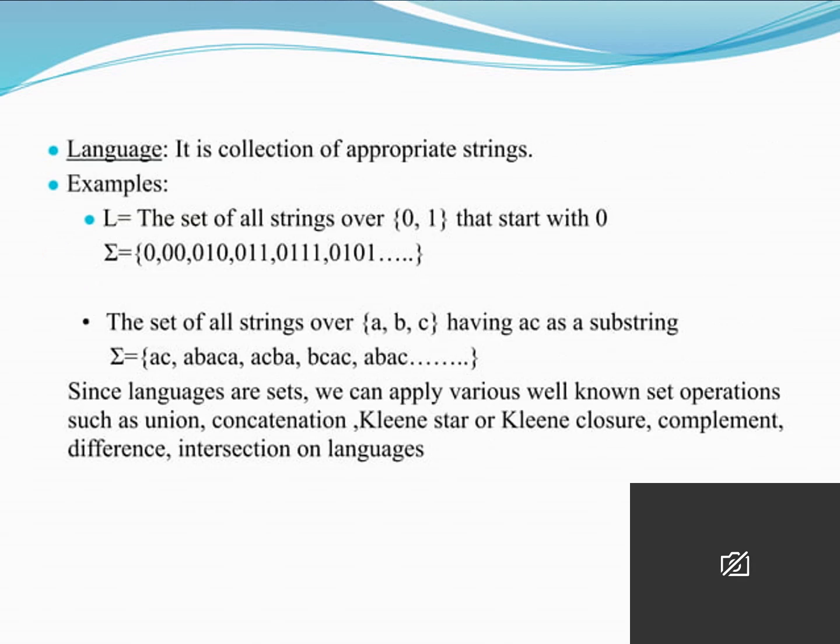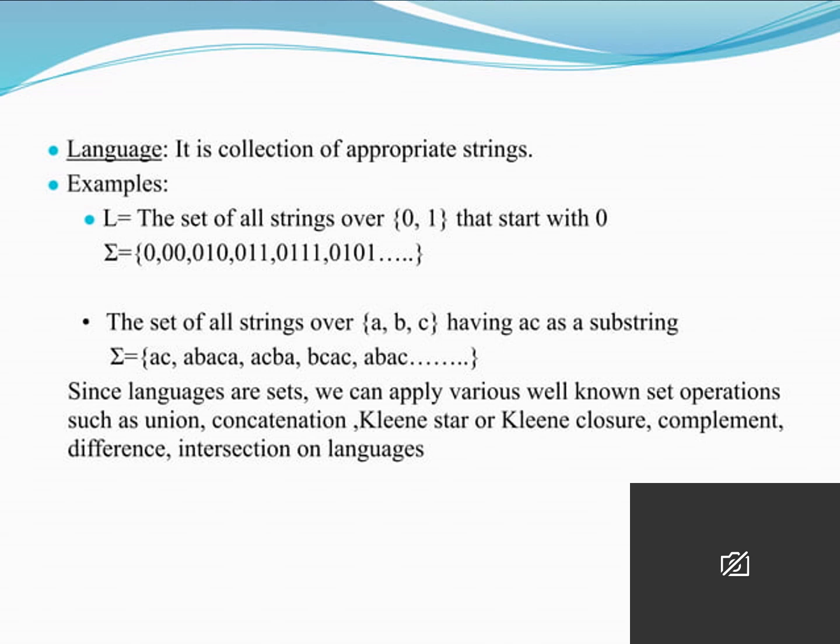The third one is languages. We have already learned about the various types of grammars, type 0, type 1, type 2, like that. Here, a language is a collection of related or appropriate strings. So a group of alphabets is known as a string, and a collection of the appropriate strings is known as a language. Here we have given two examples.